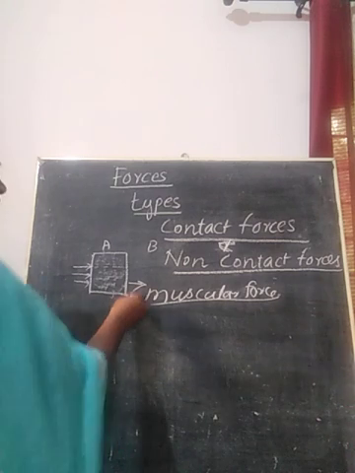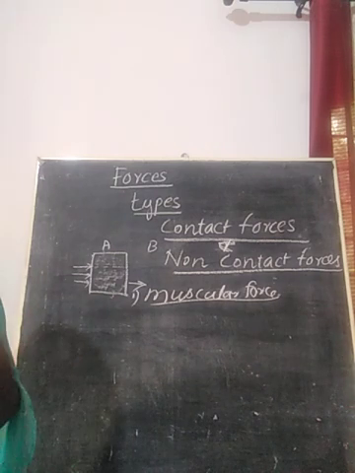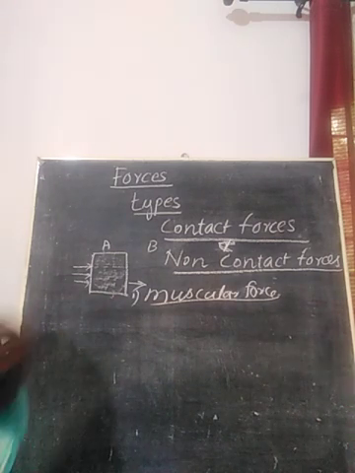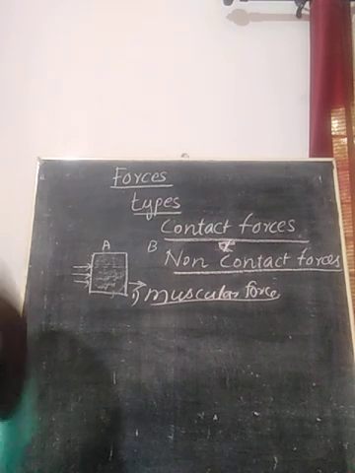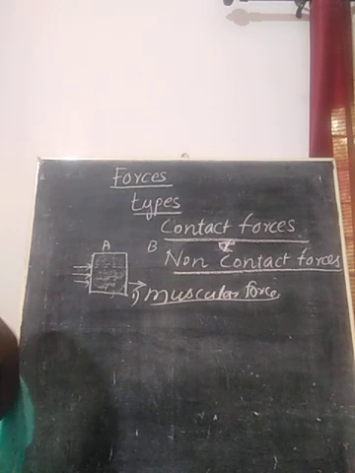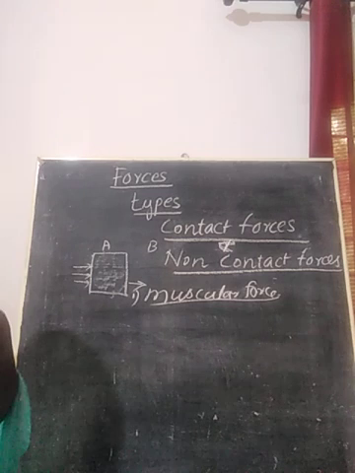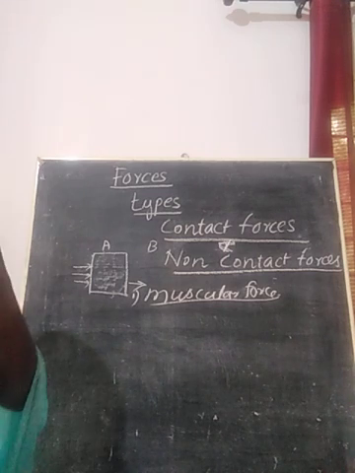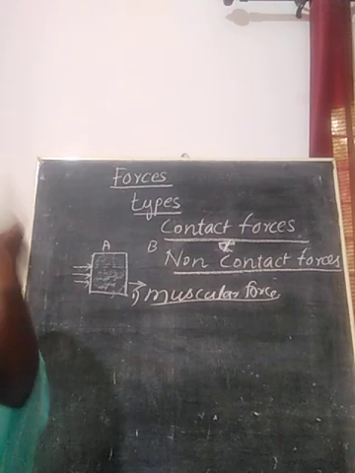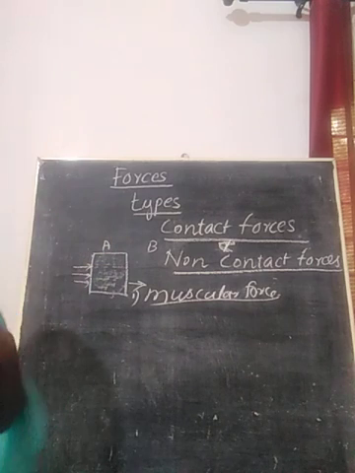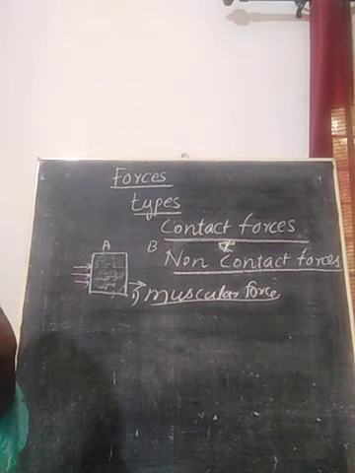Not only humans, animals can also exert force on objects. A bullock can carry loads or pull a cart. How? We should tie the bullock to the cart, then only it can exert force on the cart.